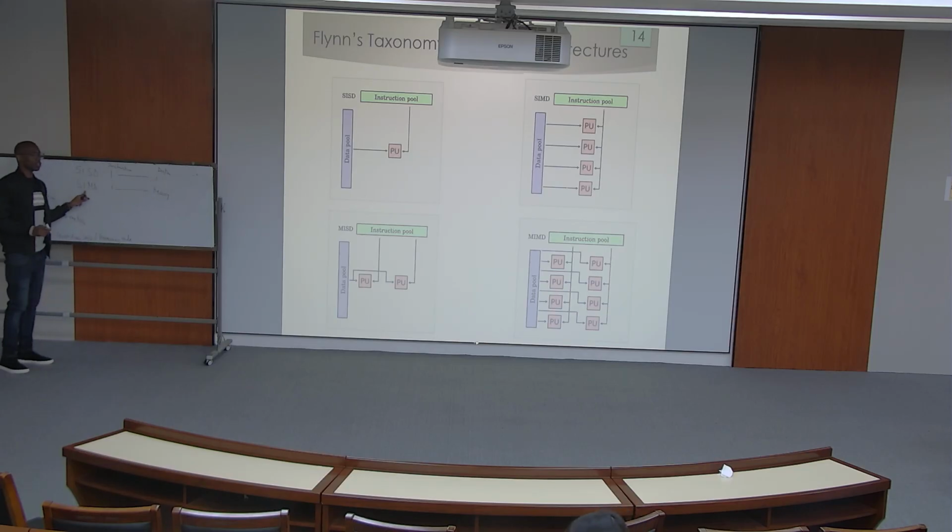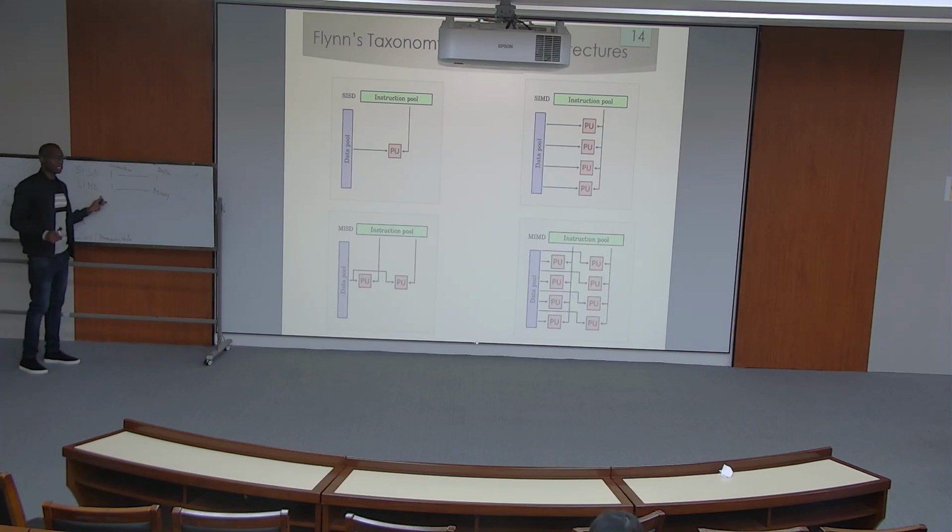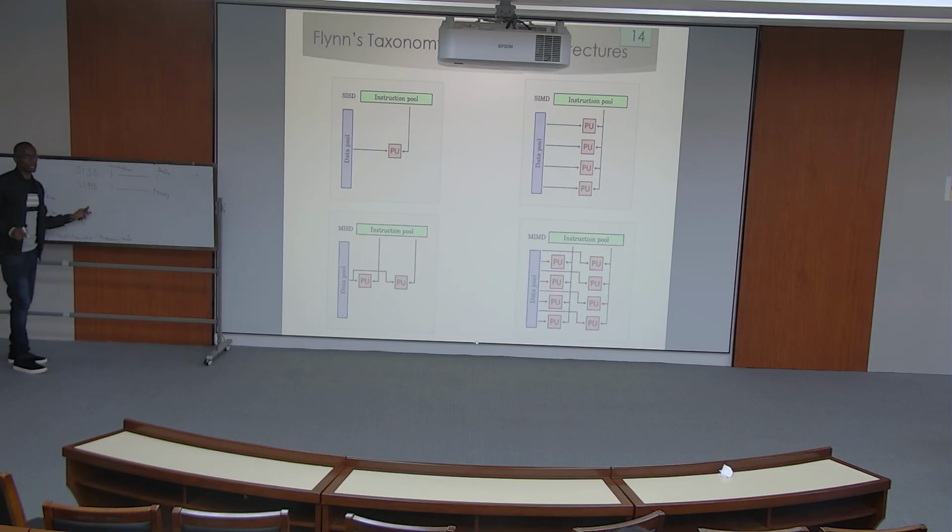Now, for single instruction, multiple data, you have one instruction which requires multiple data streams to complete its task. This is the case of image processing, for example, where one instruction needs to be applied on the multiple pixels of the image to understand what the image is.